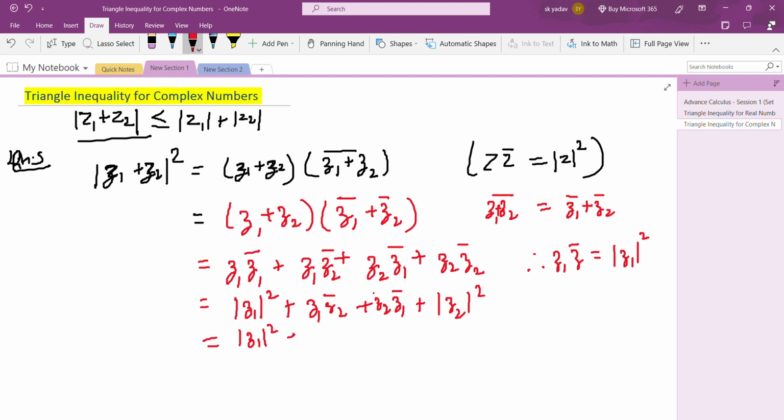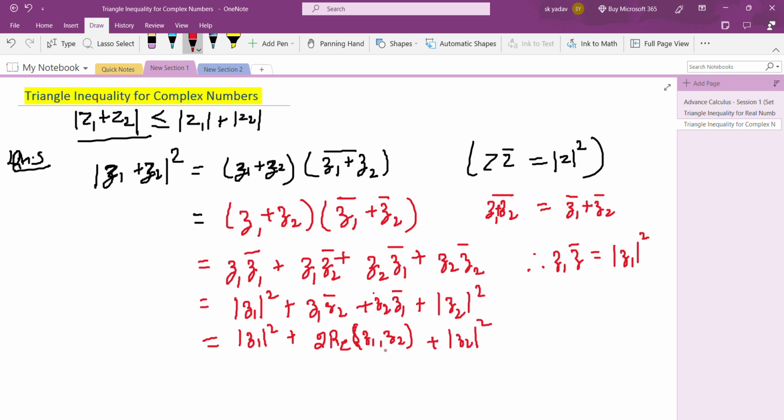Now we can write this statement like this: we have Z2 and Z1, so we can represent it as twice the real part of Z1 comma Z2, and here we have Z2 square.